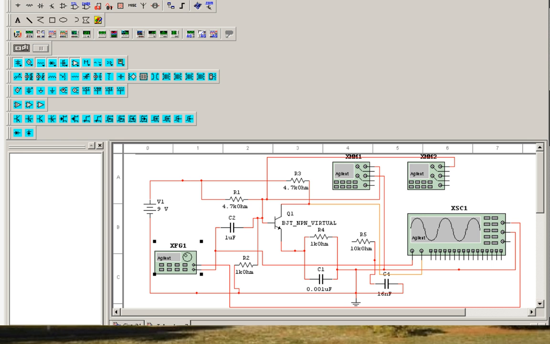I wonder if that's because of the input capacitor. That's a 1 microfarad. That's a high pass filter.